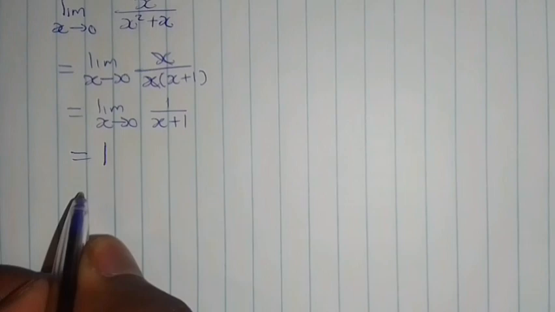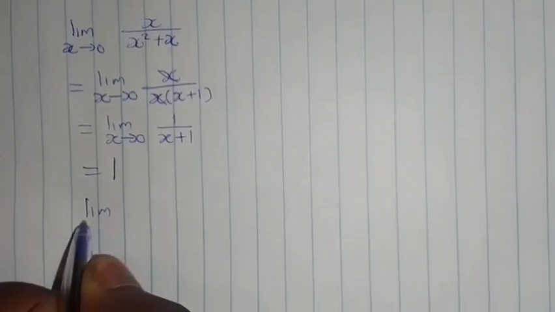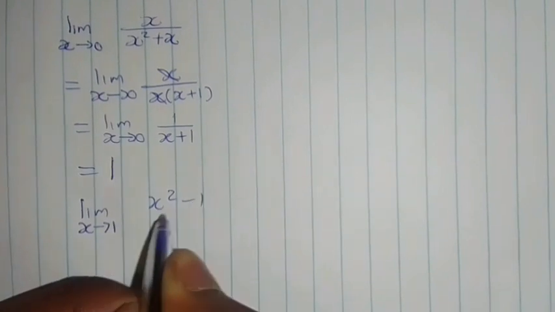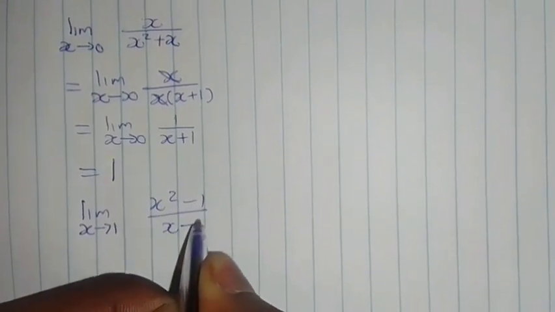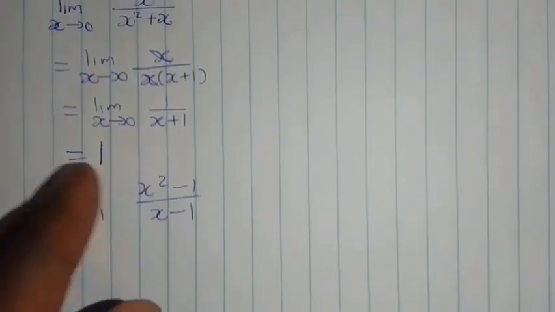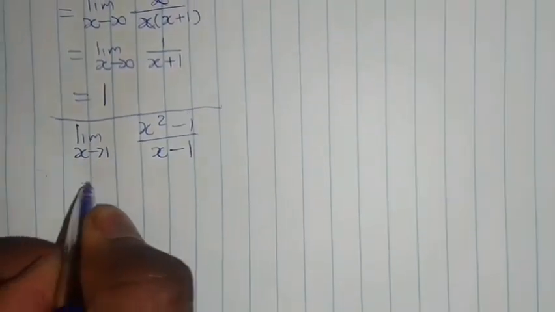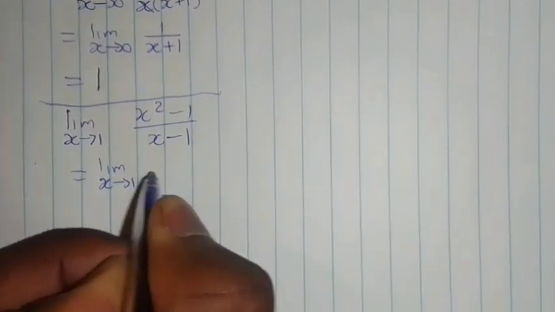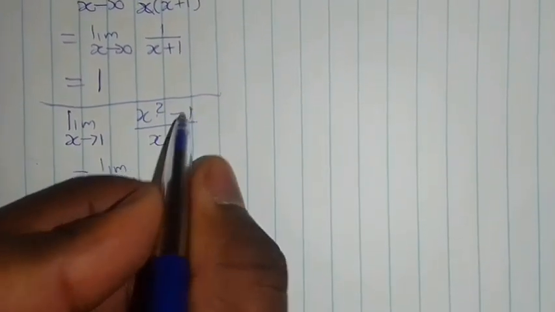Now what about the limit when x goes to 1 of x squared minus 1 over x minus 1? Let's say I want to evaluate this one now. You're going to factor the numerator, because this is just the difference between two squares.